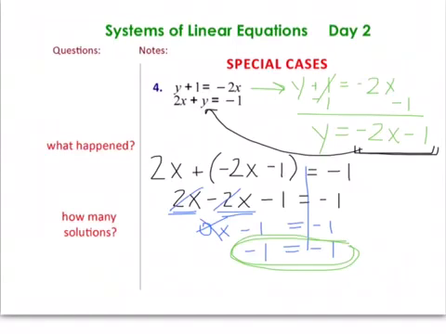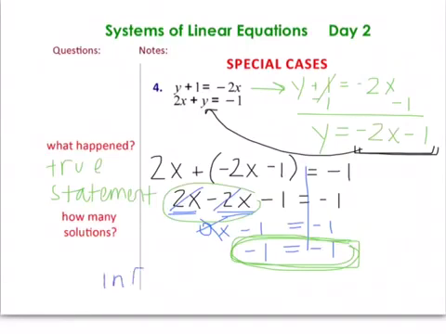So if I solve using substitution and my variables cancel, but I end up with a true statement, I have infinitely many, or an infinite number of solutions.